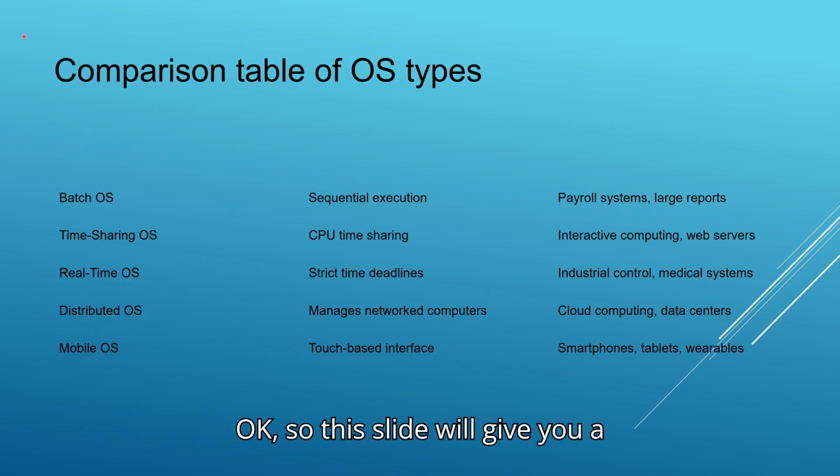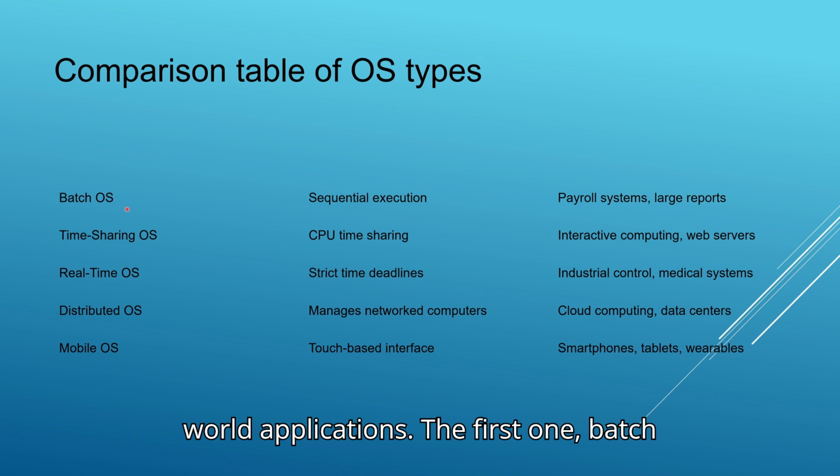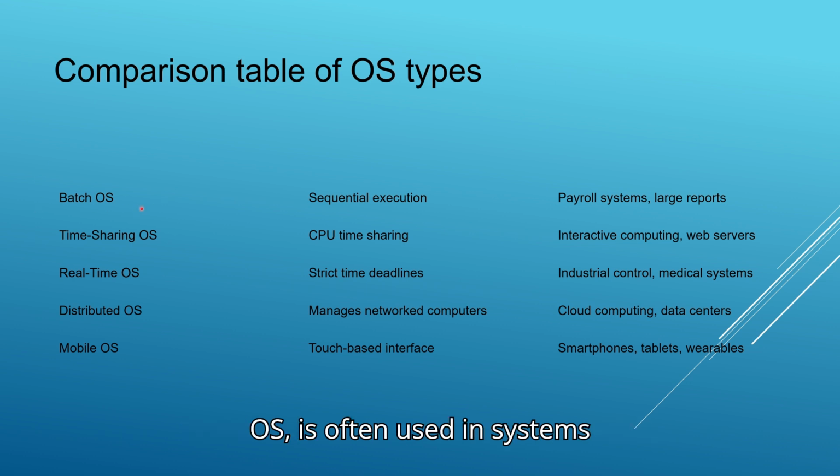Okay, so this slide will give you a quick summary of OS types and their real world applications. The first one, batch OS, is often used in systems like payroll or billing. The time sharing OS works in multiple user environments like web servers.